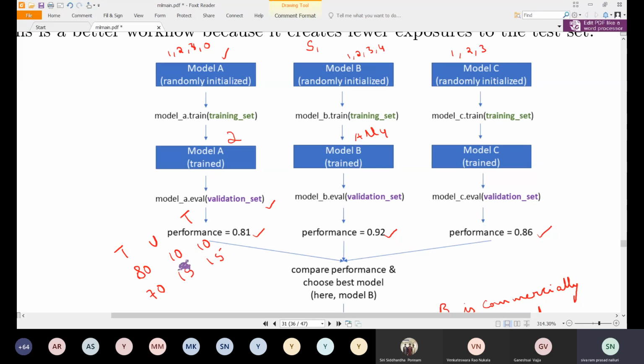But if you look at validation and test sets, the proportion remains the same. So whatever proportion you keep for validation, the same proportion will be used for testing. So if 10% is reserved for validation, 10% of data will be used for testing, like that. So this is the ratio of various data sets for training, validation, and testing.